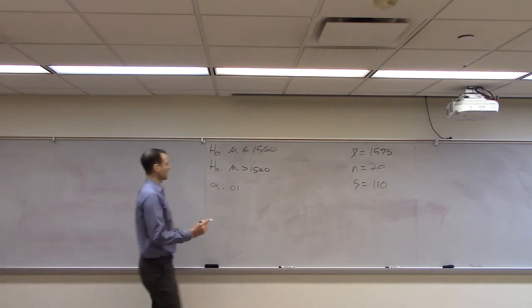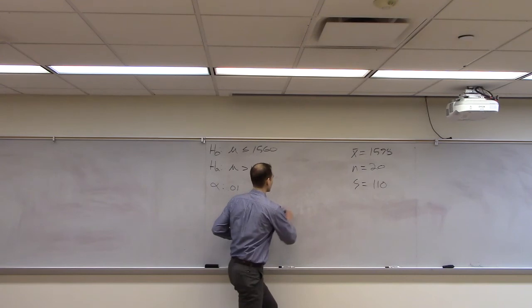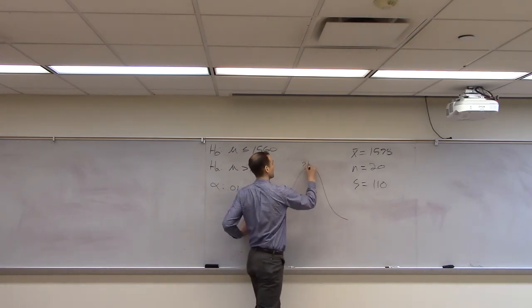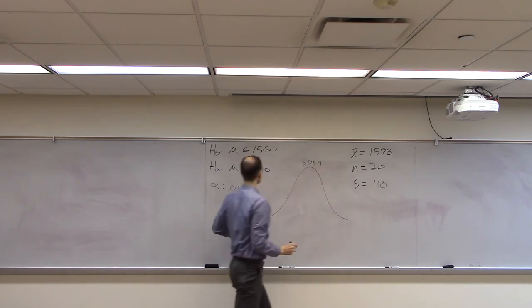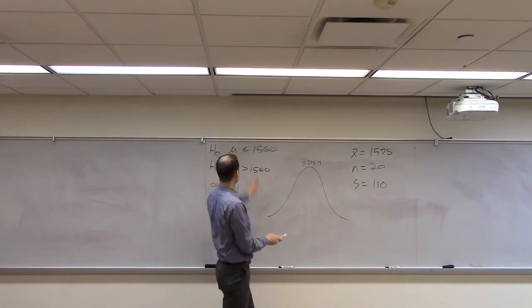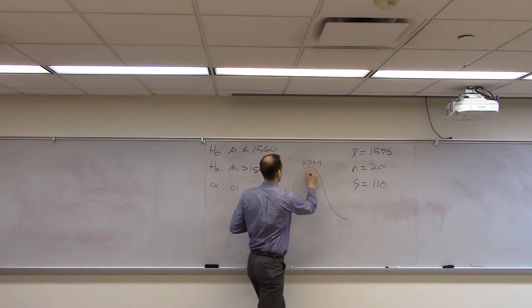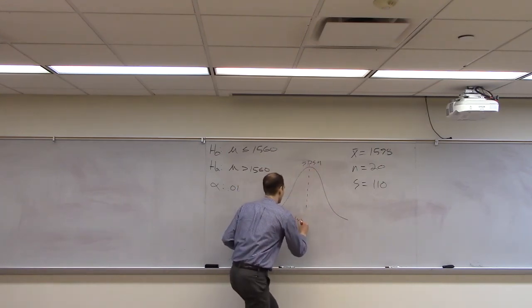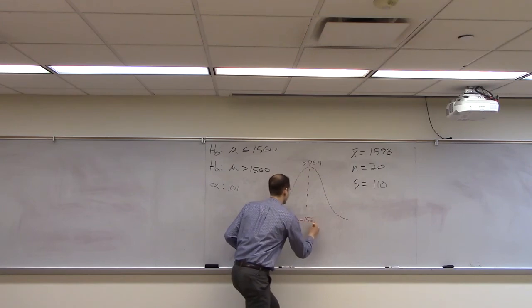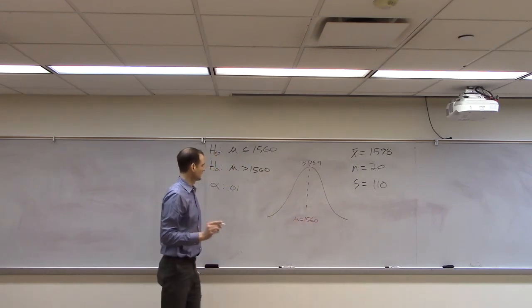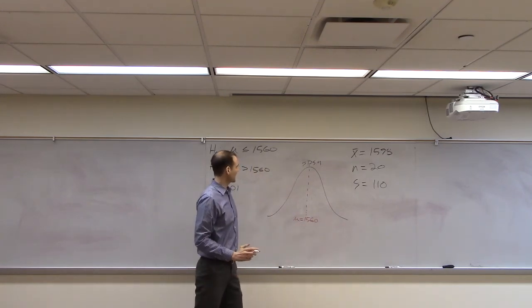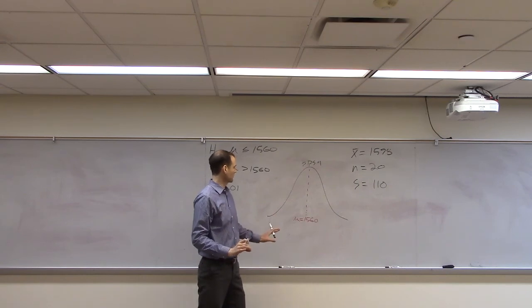The process then is the same thing. We're going to put this all on the sampling distribution of the sample mean. Let's believe what the realtor says is true, and that the true population mean is 1560. Now, let's set up our critical value, our rejection region.